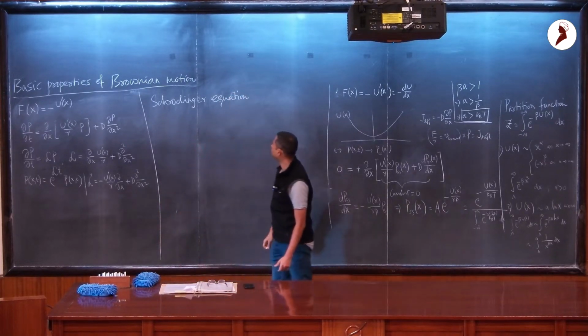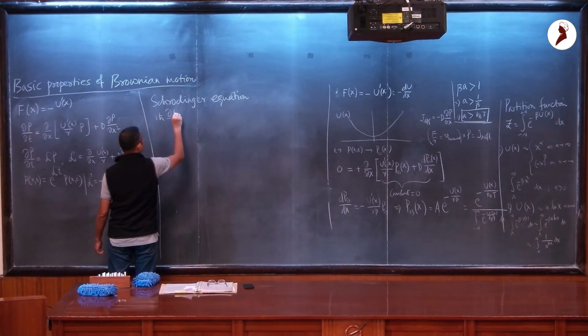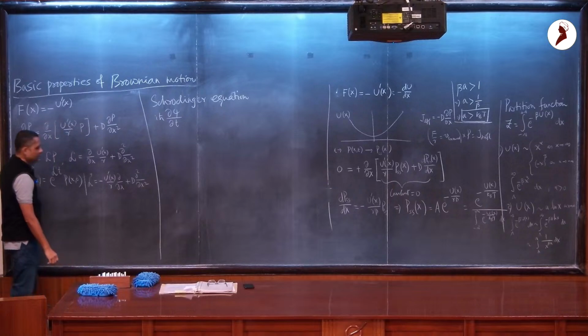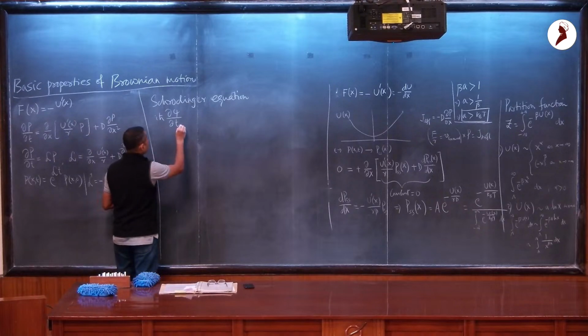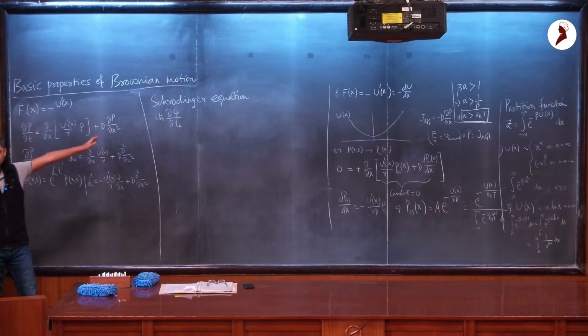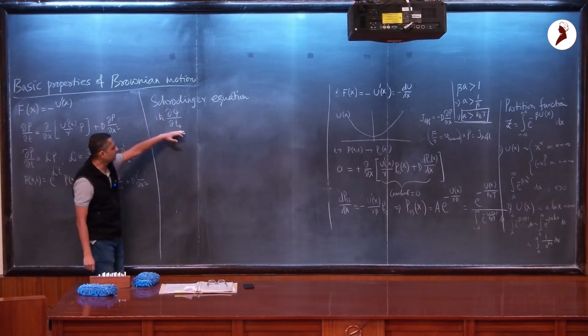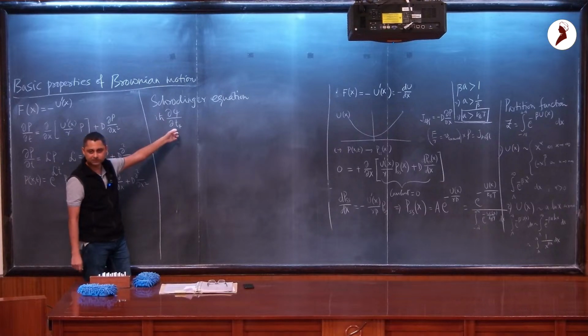The Schrodinger equation: iħ ∂ψ/∂t. But since I am also using a t here, let me distinguish this t and put a q subscript, just to indicate that this is the quantum time in the quantum mechanics problem I am looking at. I can call it tau or something, but I put this t_q so that I know I am doing the quantum mechanics, right?